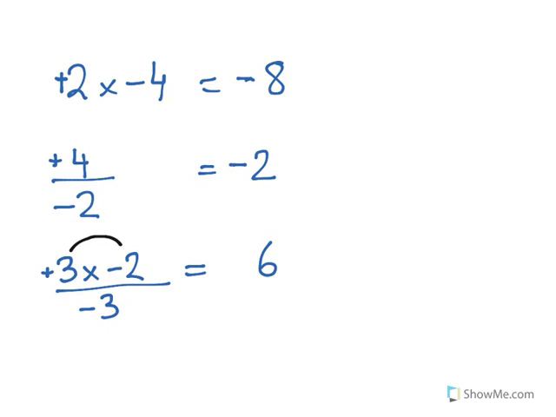A plus times a minus is a minus. So we then get minus 6, and the bottom we haven't done anything with. We now get minus 6 divided by minus 3. 6 divided by 3 is 2, but here we have the same signs. So a minus divided by a minus actually always ends up being a plus. So the answer is 2.